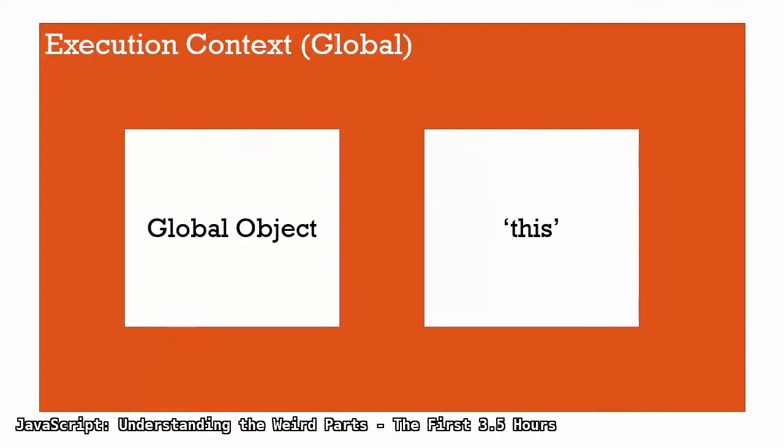There's a global object, meaning that object is available to all the code running inside that window, inside that area, inside that JavaScript file, inside that lexical environment. And there's a special variable that the JavaScript engine created that sits inside the execution context called this.